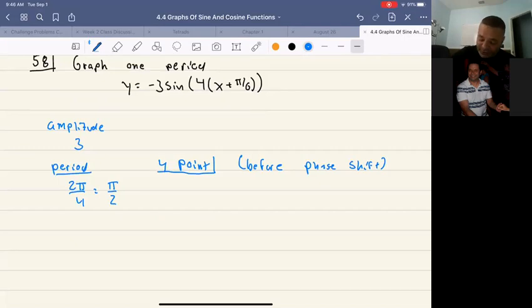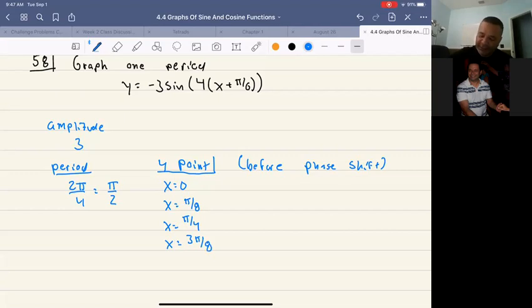0, of course. So that's actually the 5th point. X equals pi over 8. That's pi over 2 divided by 4. X equals pi over 4. That is 2 times pi over 8. X equals 3 pi over 8.